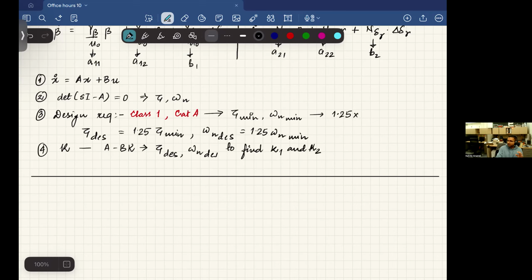Ultimately, you come down to designing a stability augmentation system. Your goal is to find K1 and K2, or all the gain parameters, but reaching that point is also important. So is this clear to everyone? Then I will take up the last question.